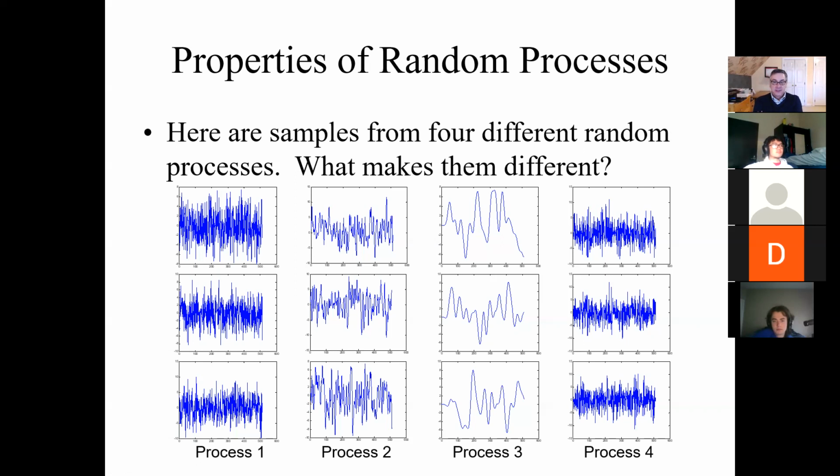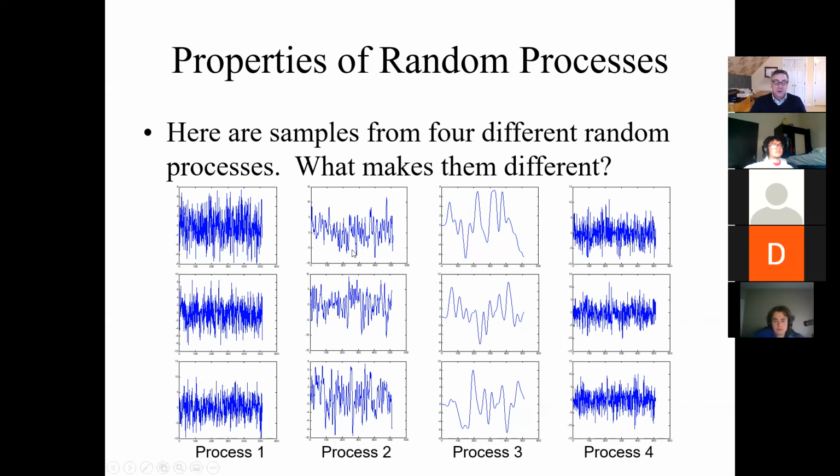So this one changes less quickly, or has lower frequency properties, than this one, which changes less quickly, with lower frequency properties maybe than this one. Yeah, that's the main observation.